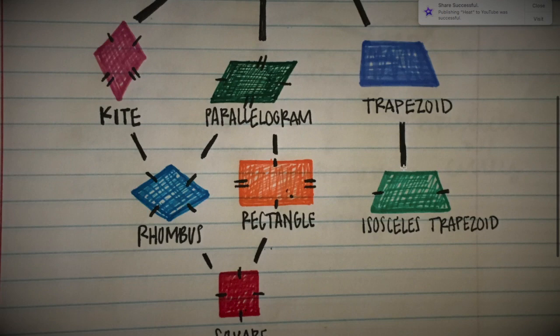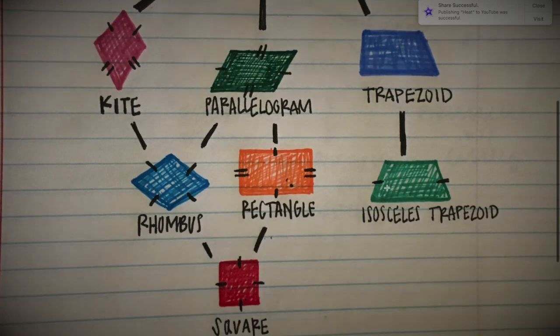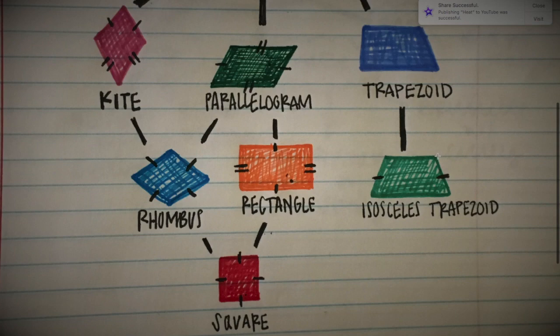So what this means is that along with having one pair of parallel lines, as you can see here on the top and the bottom side, it also has two of these sides, right? You can see how I've marked them here. These sides are equal to one another, so they are the same length. Okay? So it is a more specific type of trapezoid.